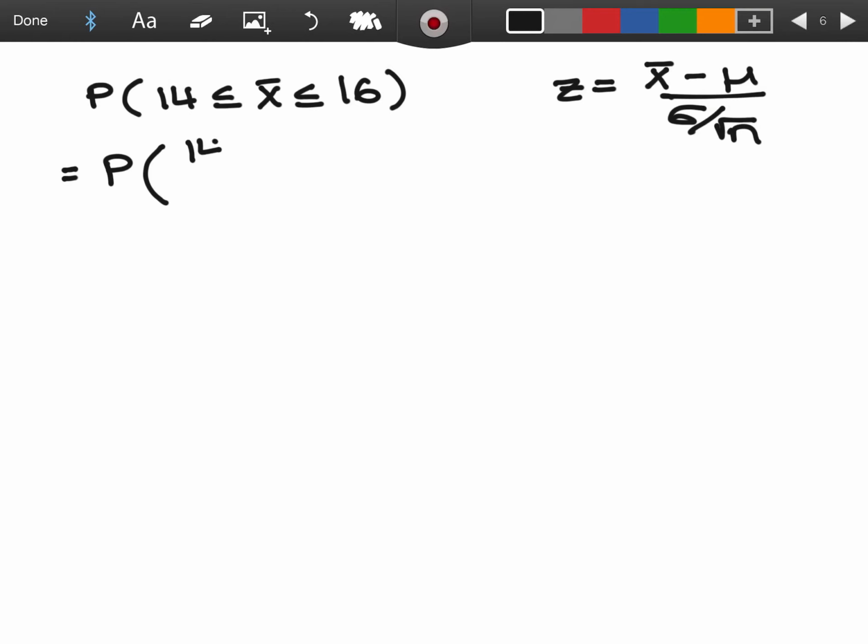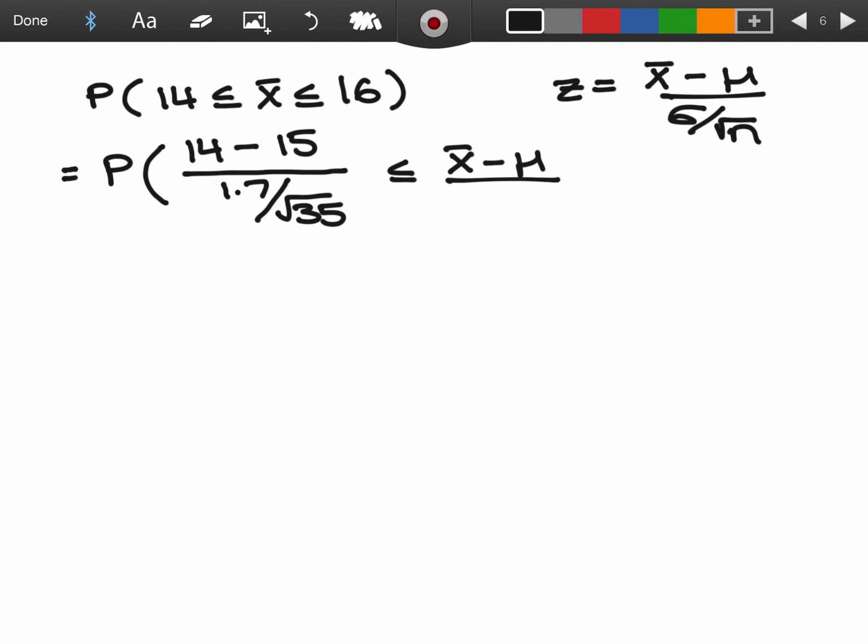So this becomes 14 minus my population mean of 15, over the standard deviation divided by the square root of the sample size. Same thing in the middle. Whatever you do to one side, you do to the other, so make sure you do this all the way along.